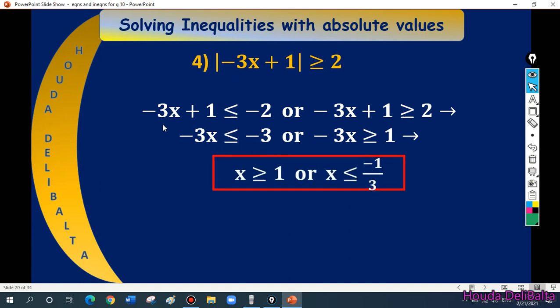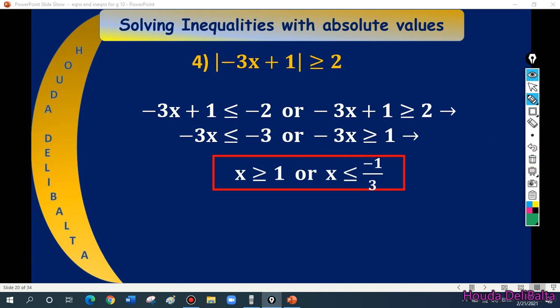The order flips because we are dividing by a negative. So it will be x greater or equal to 1, or here, dividing by minus 3, we get x less than or equal to minus 1 over 3.